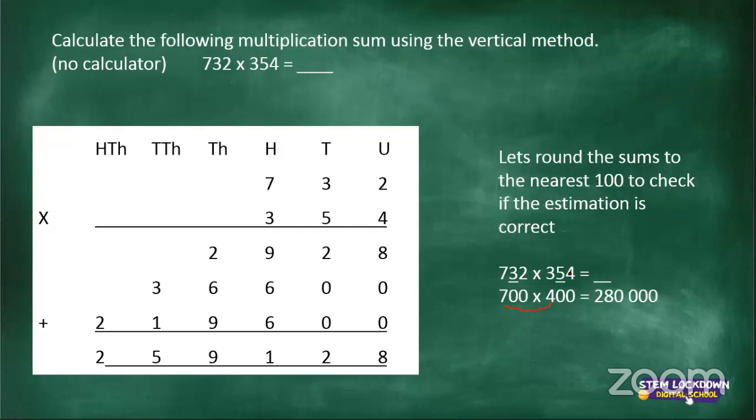So what we're going to do now is I'm going to take this 4 here, and I'm going to multiply it with this whole number. So if we do it in our sums, when we write it in the columns, 732 multiplied by 354. So we take the 4 and we multiply it with this whole number here. So 4 times 4 is 8. Then we have 4 times 3 is 12.